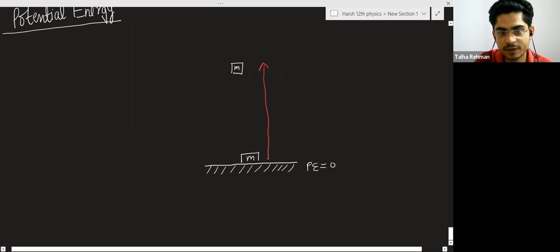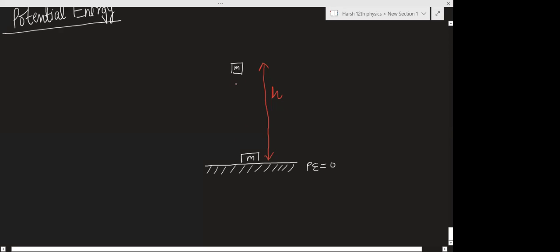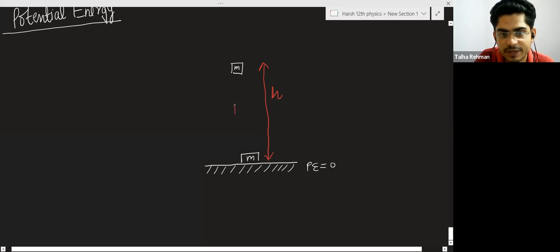Suppose I have taken this mass to a height h. So in the process, what happened? When we are taking the mass upward, suppose the mass is in between.